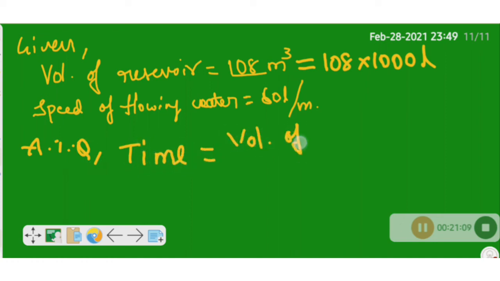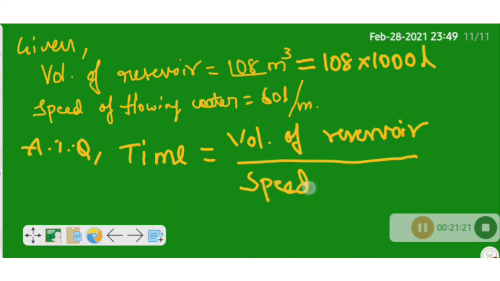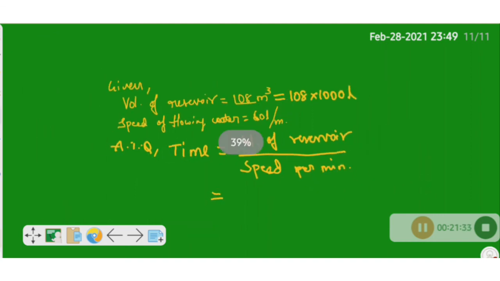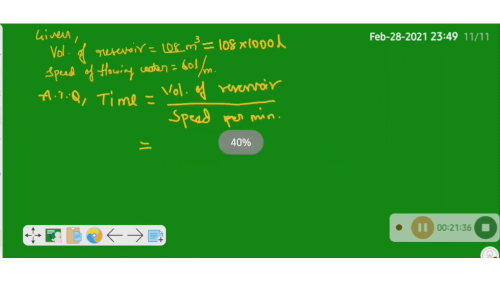According to the question, time is equal to volume of reservoir by speed of flowing water per minute. If you want you can convert into hours also, but we'll take it as it is so that it becomes very simple.